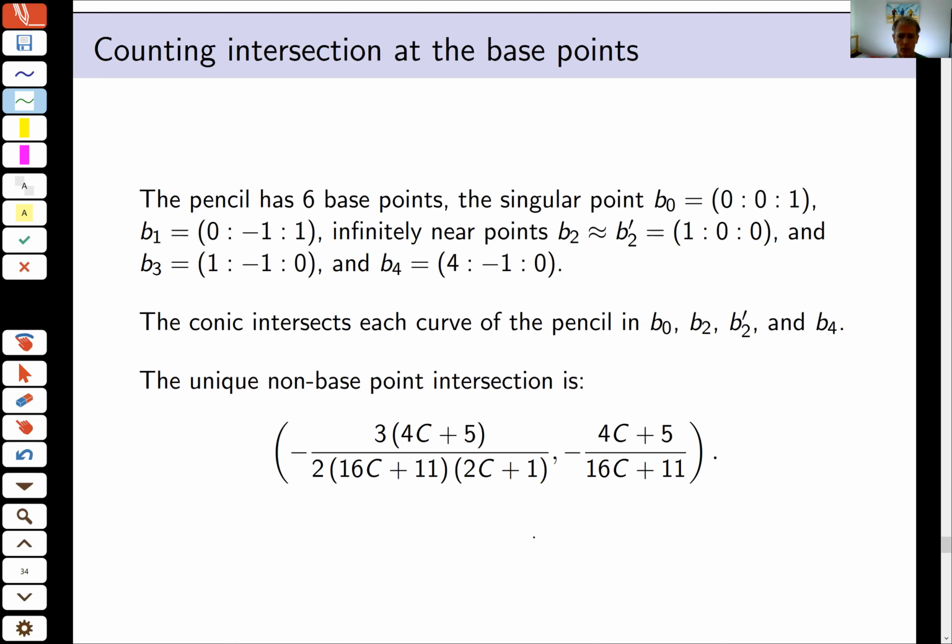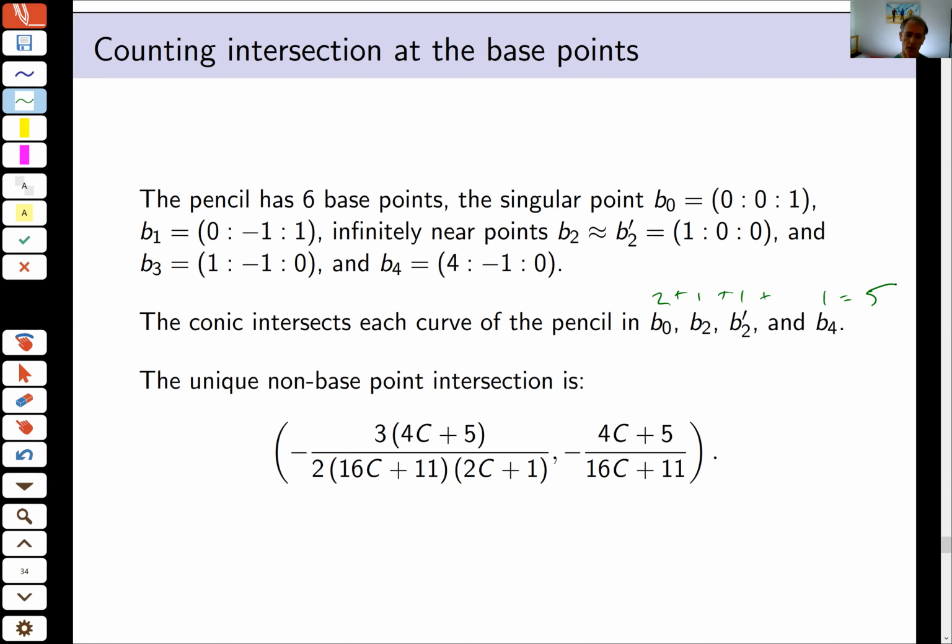So if we now count the intersections, we have 1, 2, 3. That is a singular point, so it has intersection multiplicity 2. If we add that all up, we get 5. But we know the conic has degree 2, the pencil has degree 6, so that is 1 more. There must be 1 more intersection. And in this case, we can actually calculate that intersection.